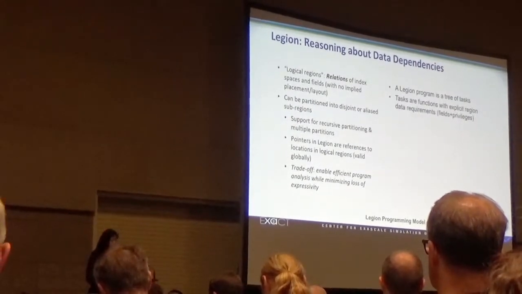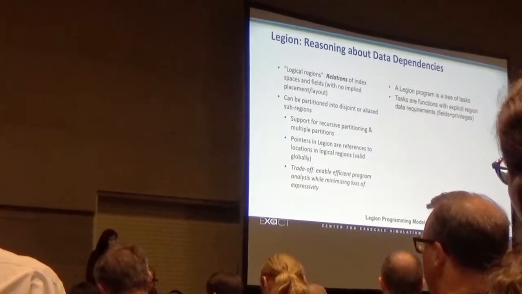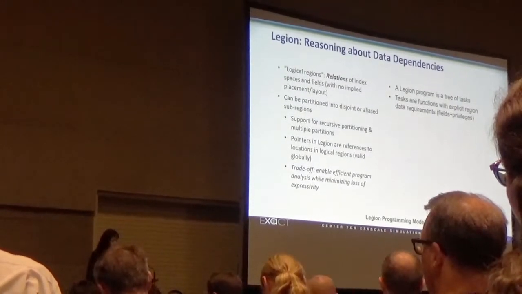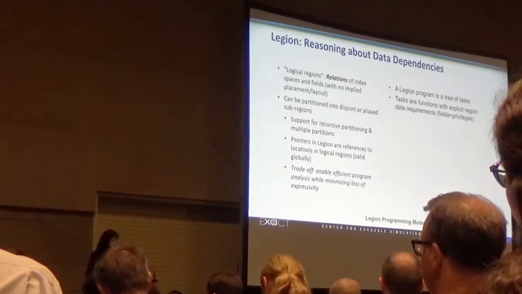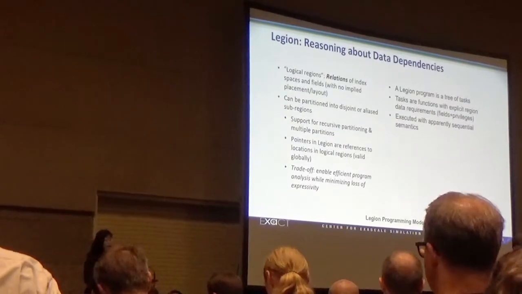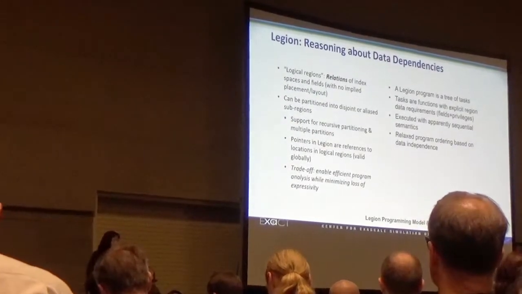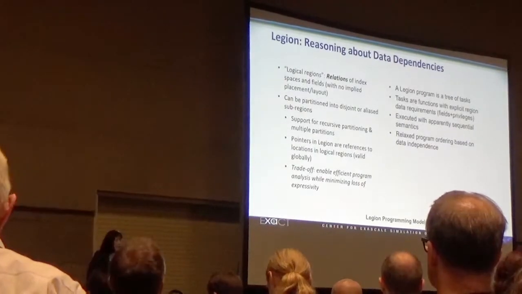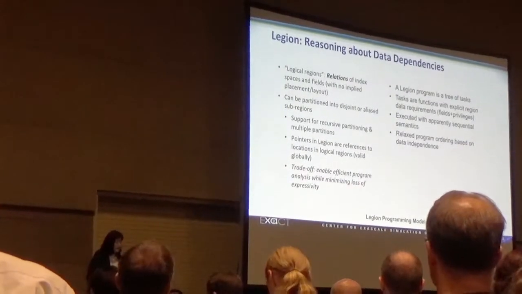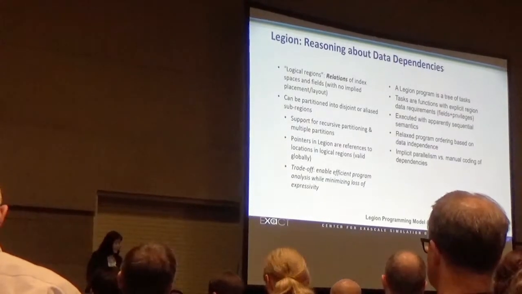So it might use a subregion or a disjoint region. And it also has knowledge of the privileges, whether it's read-only, write-only, or otherwise, in terms of how it can access the data. And so with that knowledge, it can execute the software with apparent sequential semantics, but it can also relax the program order based on a data graph that lets it know dynamically about the data dependencies.